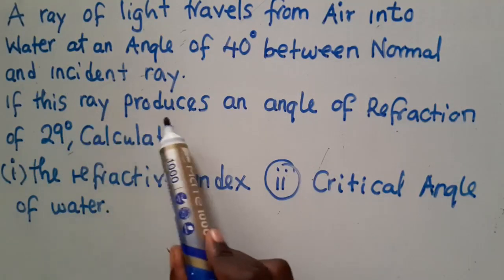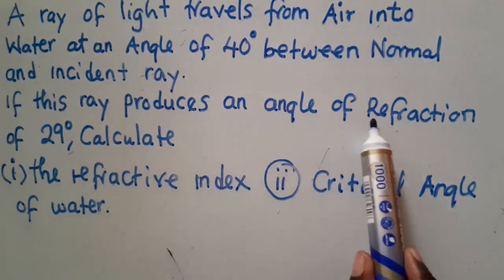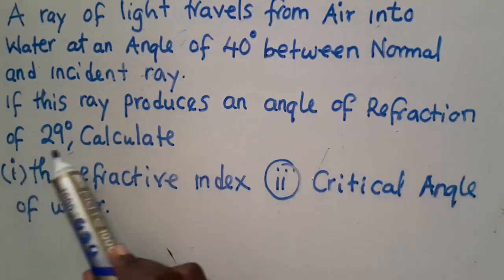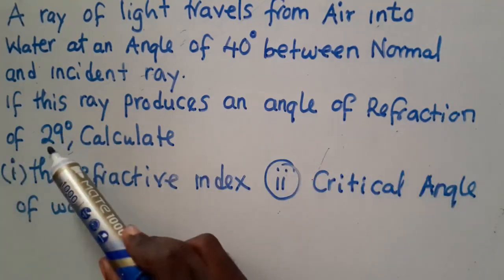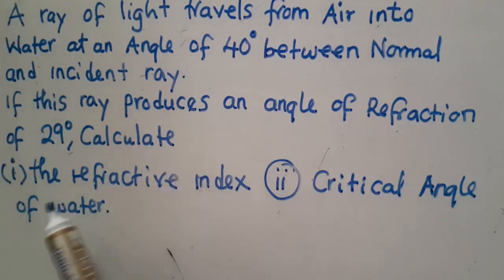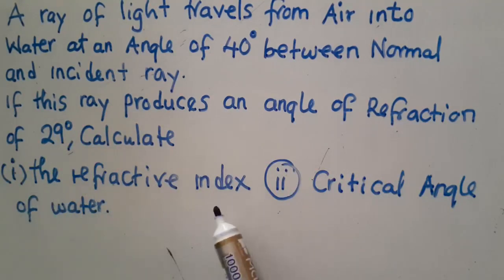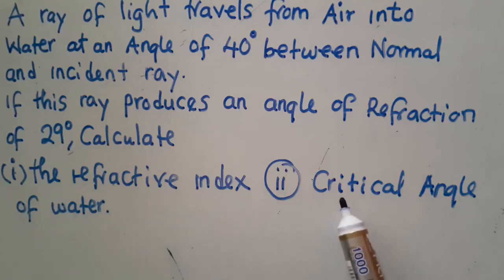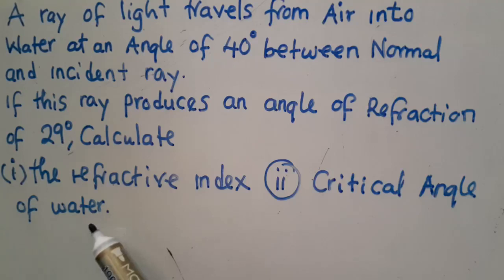If this ray produces an angle of refraction of 29 degrees, calculate the refractive index. This is the first question. Secondly, we are told to calculate the critical angle of water. How can you answer this question?